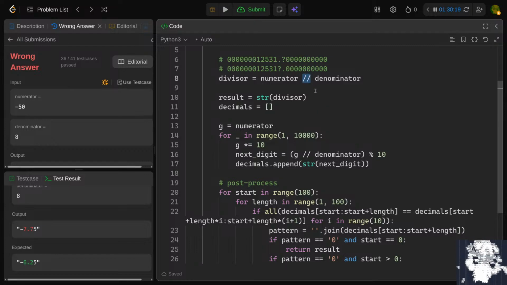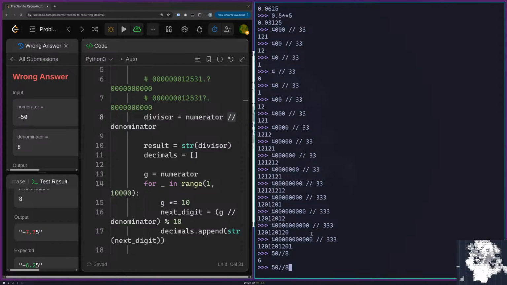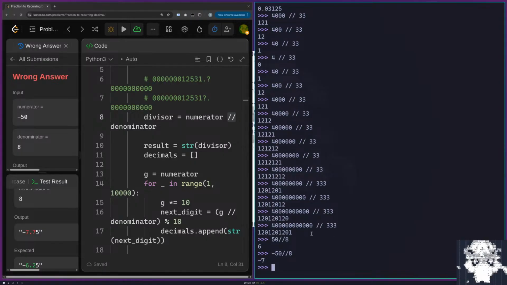Oh, is it because the integer division is rounding towards 0, and that's, well, 50 divided by 8, negative 50 divided by 8, interesting.